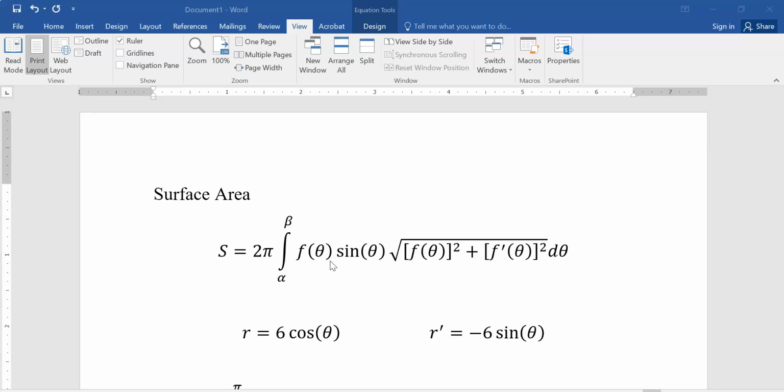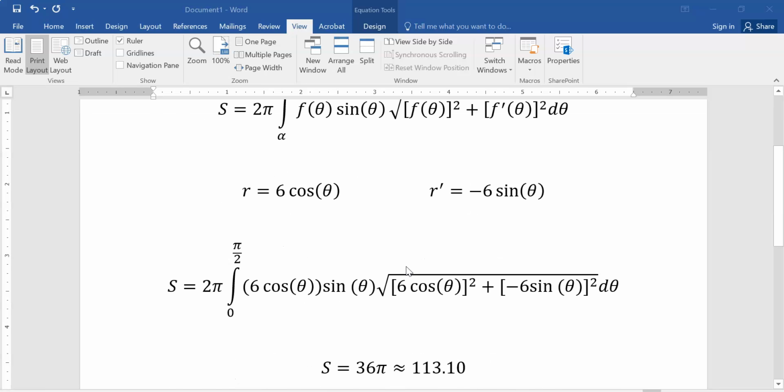Here's where people get confused, especially when r is a trig function: this r is just my f theta. So when I plug this in, I'll put 6 cosine theta in there, but I'll still have this sine theta here, and I'll put -6 sine theta in for the derivative.